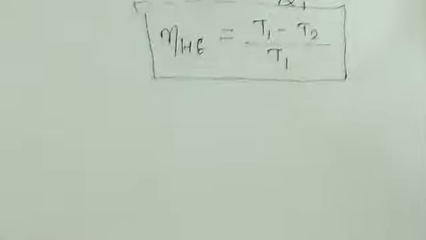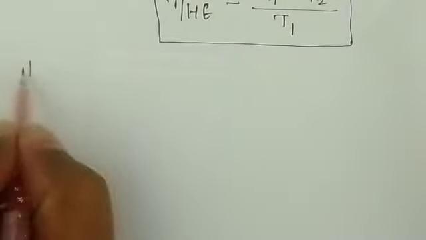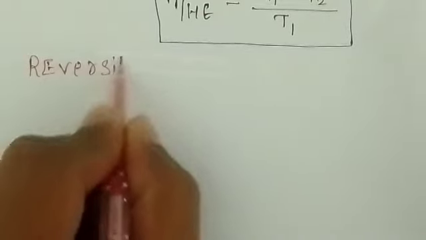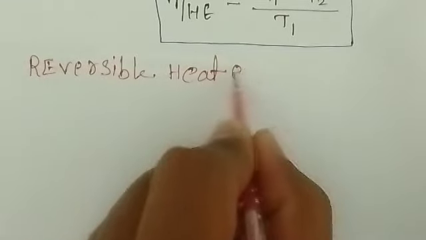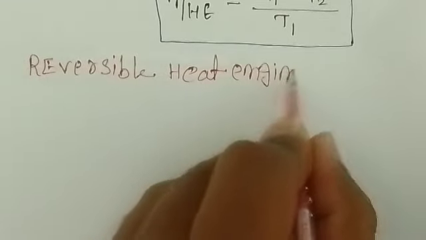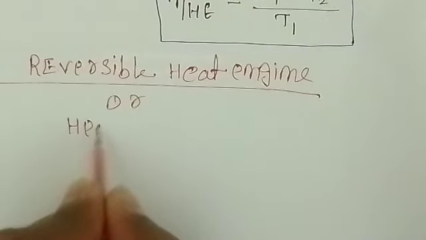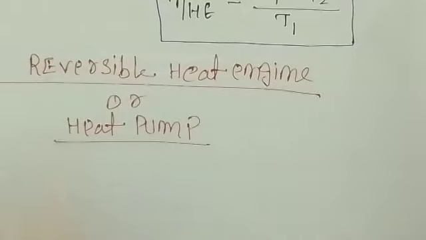So the second type, you can write, is the reversible heat engine, or we can say the heat pump, right? It means you have a pump which is used for heating purposes.